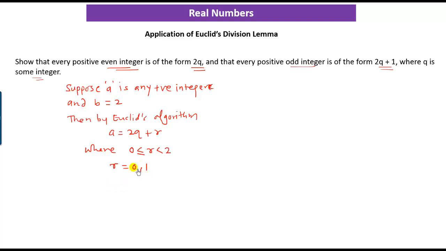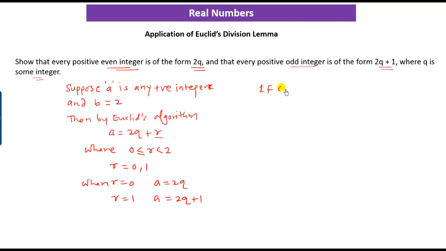So when r is equal to 0, we will get a is equal to 2q, and when r is equal to 1, we will get a is equal to 2q plus 1.